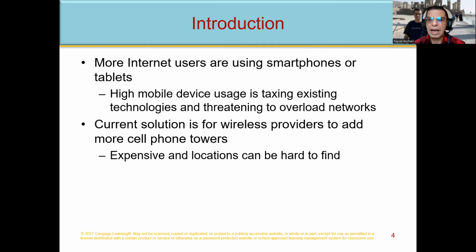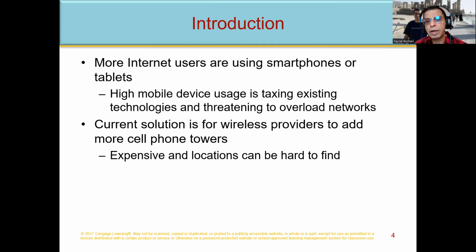Now, as an introduction, more internet users are using smartphones or tablets, and that will influence how we're going to work in e-commerce. Can you explain to me technically and business-wise?